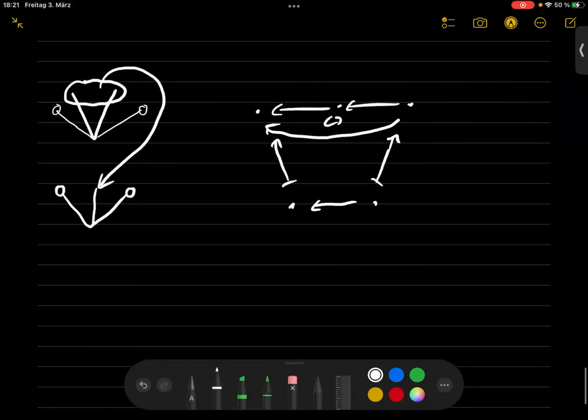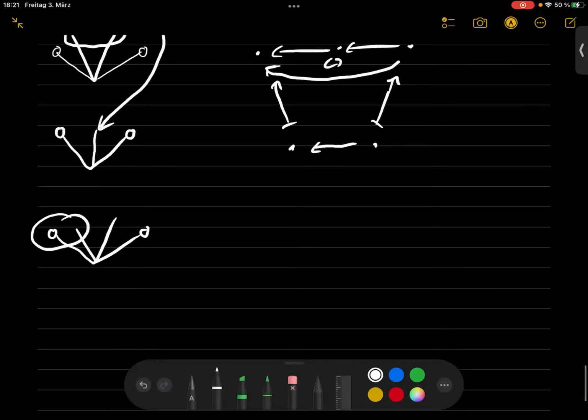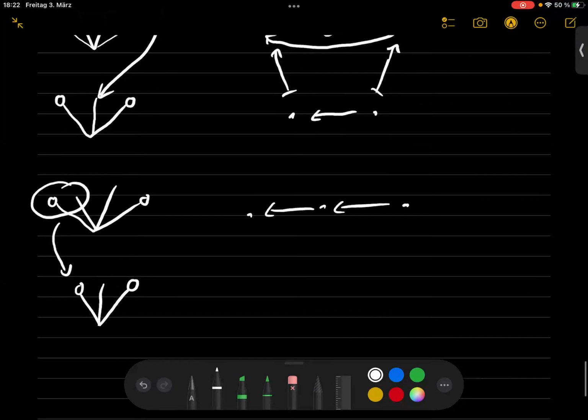Another thing that one can do is when you have the same thing again, but now maybe we put those 2 to just the vertex here. They go to here. Then in the corresponding picture, this would correspond to inserting this category into this side.